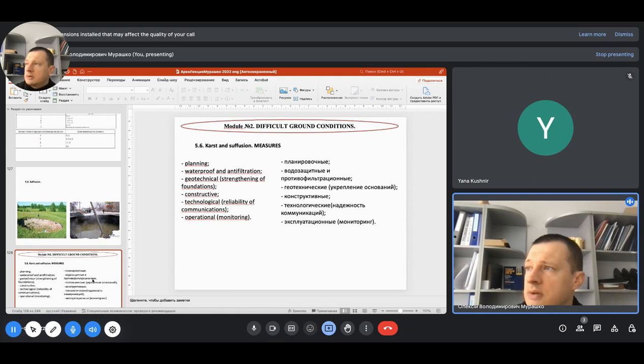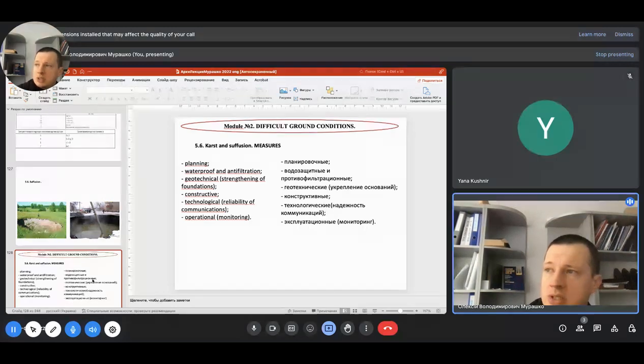And next is waterproof and anti-filtration protection. It can be different geotechnic structures, which we will discuss furthermore. Also, it is geotechnical solutions like strengthening of foundations and strengthening of ground.